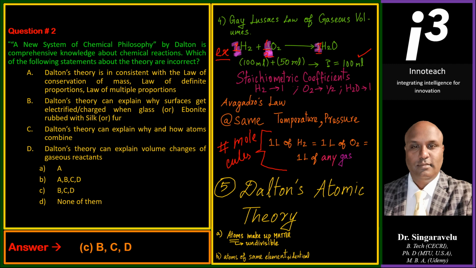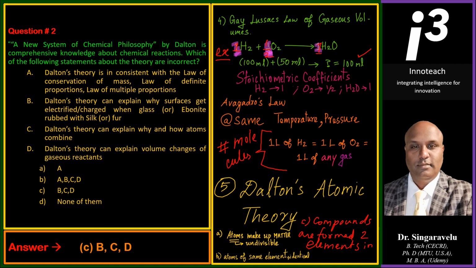And the third one says that compounds are formed when two elements react or combine in fixed ratios.